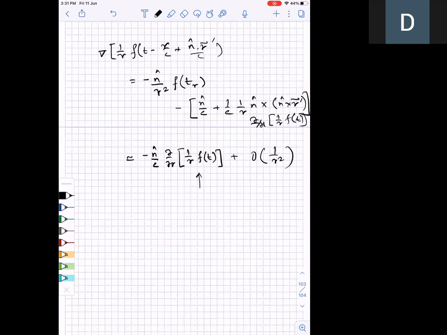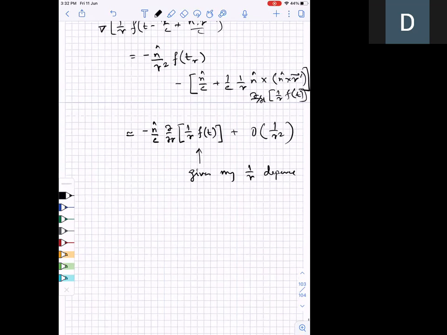This basically gives my 1 by r dependence, because the radiation goes as 1 by r. So now I can use this to calculate my B and E.